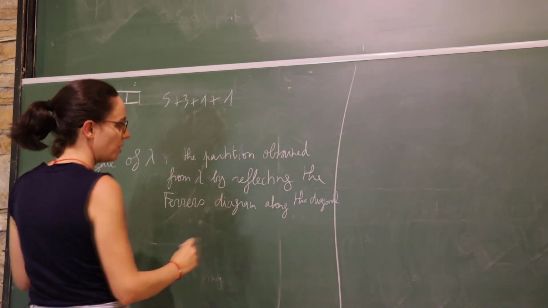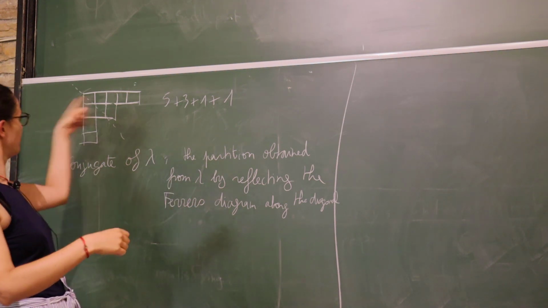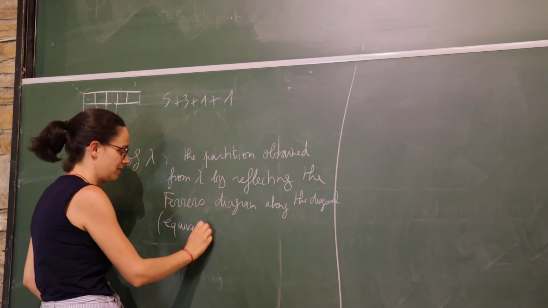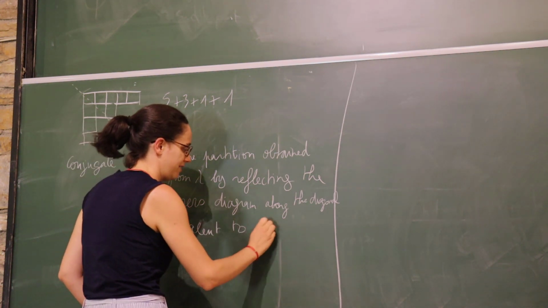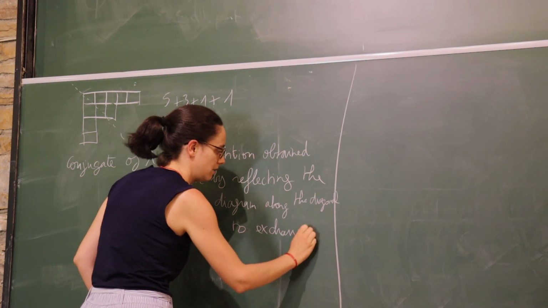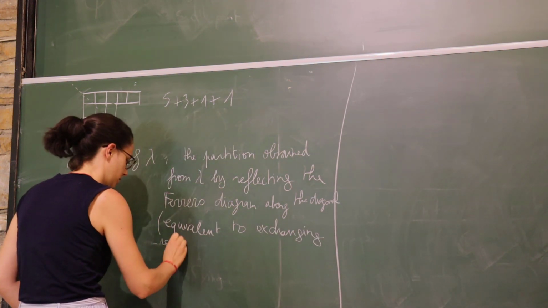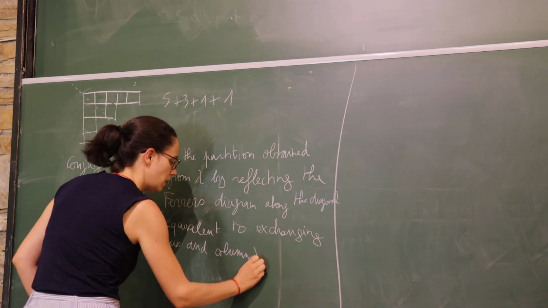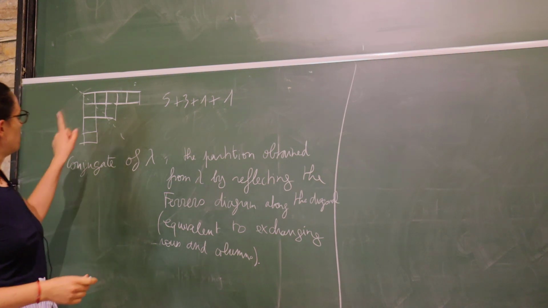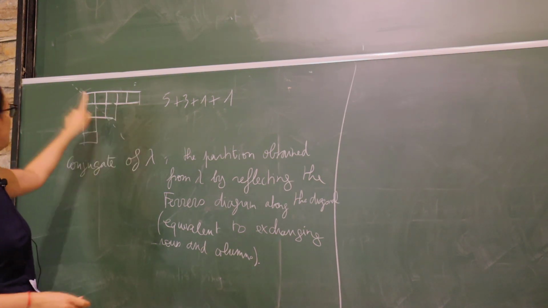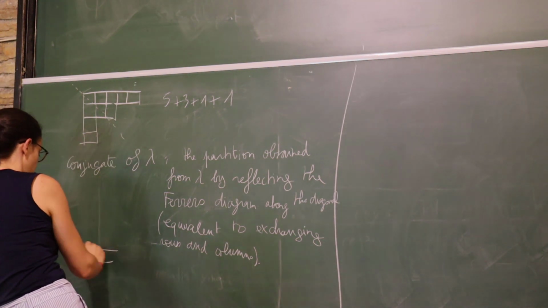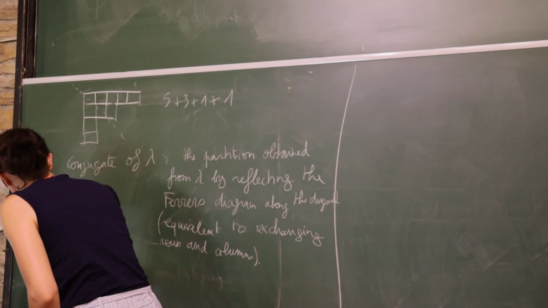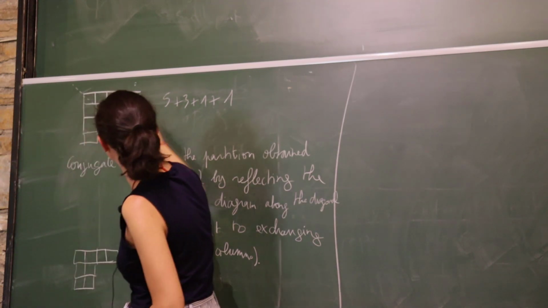That's equivalent to exchanging the rows and the columns. So for example, the conjugate of our partition here would be 4, then 2, 2, and 1, 1.